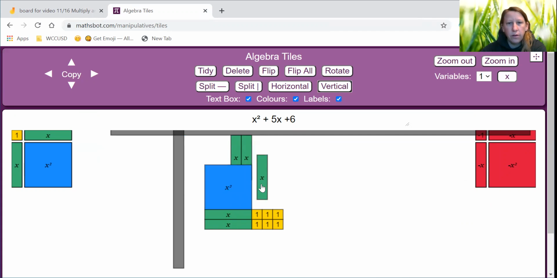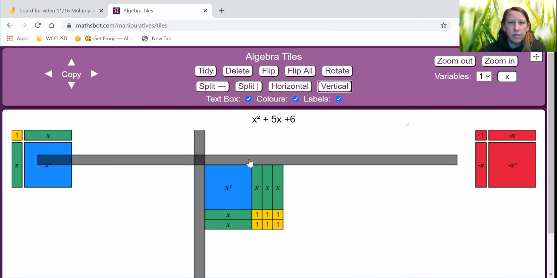Okay, almost there. And the frame is the sort of the outside of this multiplication problem. So I want to know what's going to fit along this side and what's going to fit along this side.